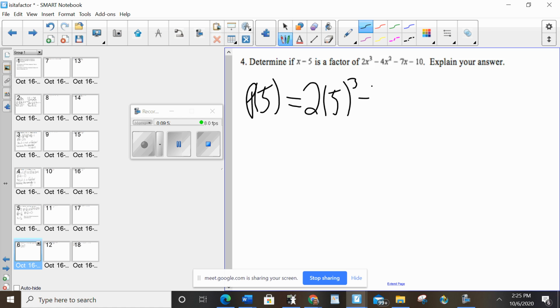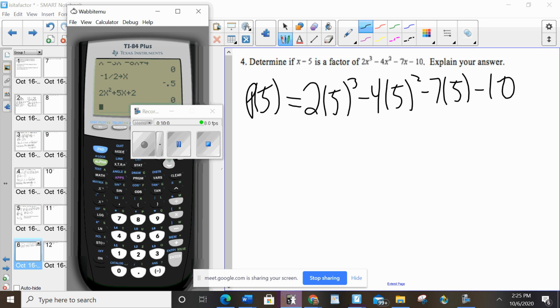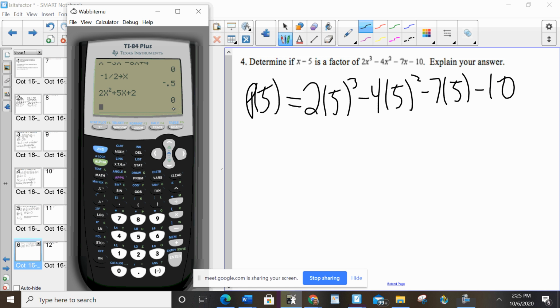The most efficient way to do this is to do it with storing. I'm going to do mine with storing. 5 store as x, 2x cubed minus 4x squared minus 7x minus 10.